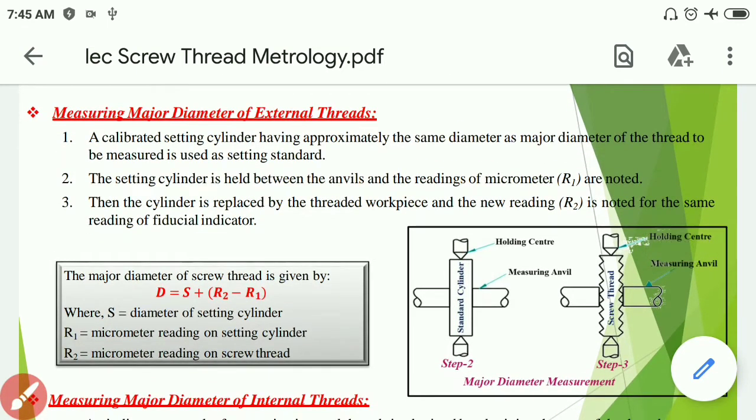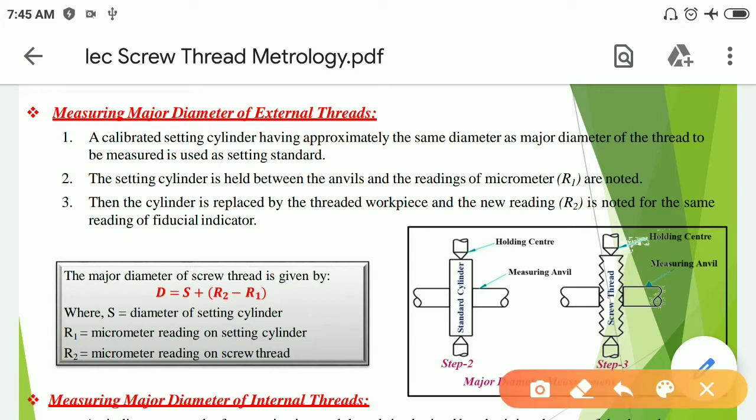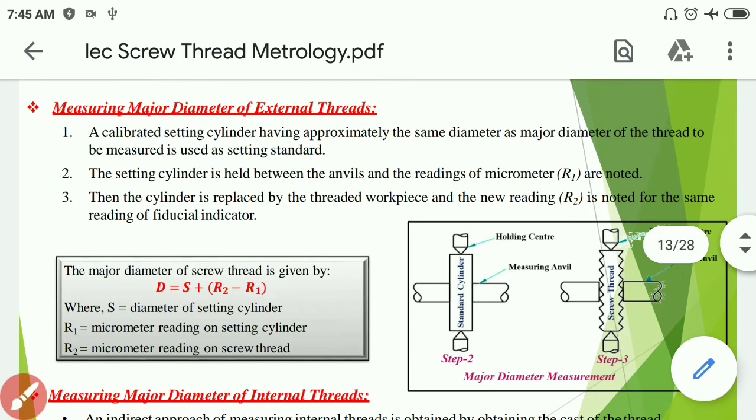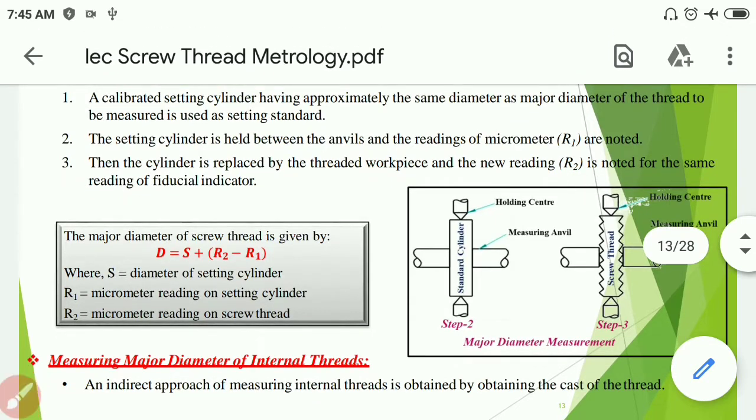Measuring major diameter of an external thread. Calibration: a calibrated setting cylinder having approximately the same diameter as the major diameter of the thread to be measured is used as a setting standard.